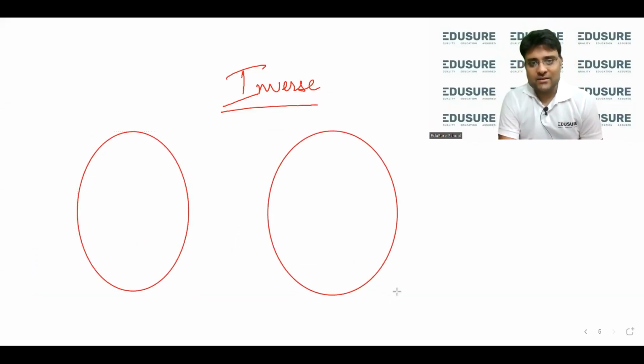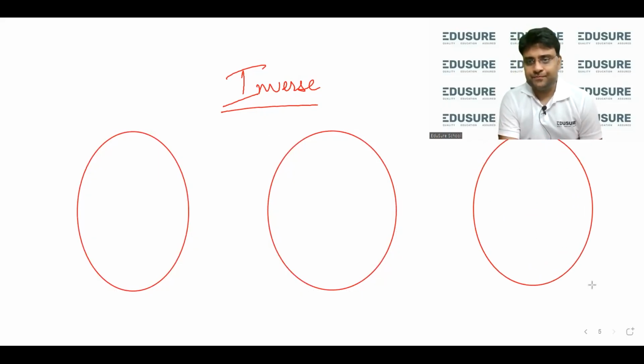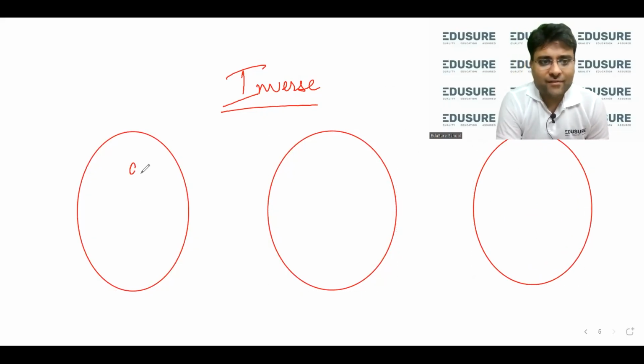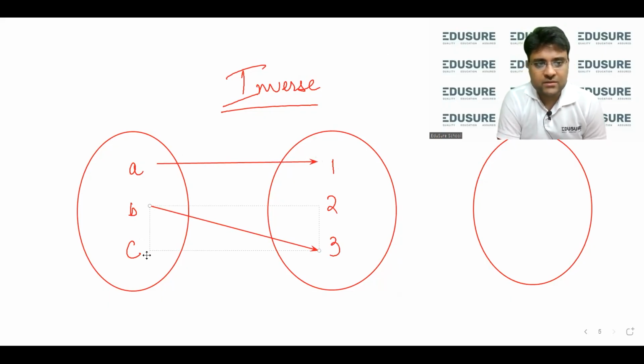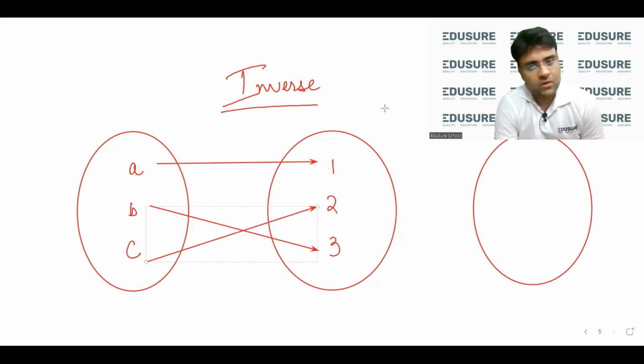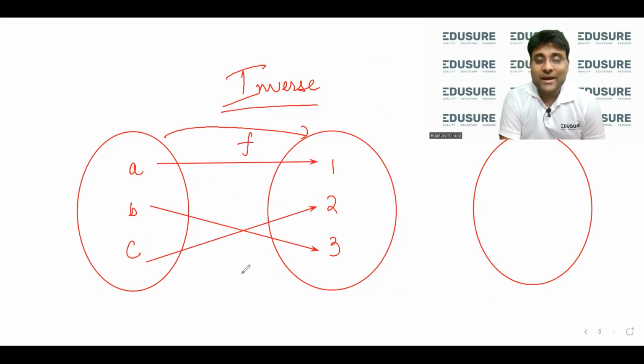Let's try and understand this with a very simple diagram. If I have A, B, C, 1, 2, 3, and I have a mapping going like this, A going to 1, B going to 3, and C going to 2. Okay, this is a one-to-one function. Inverse is basically going back.